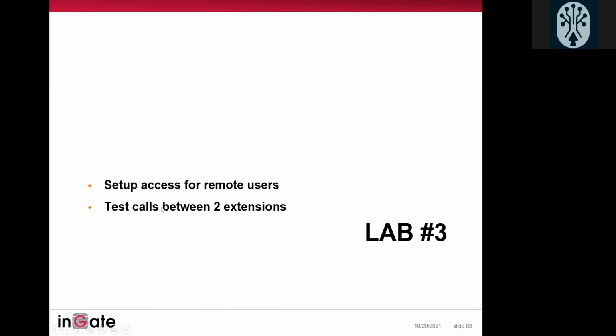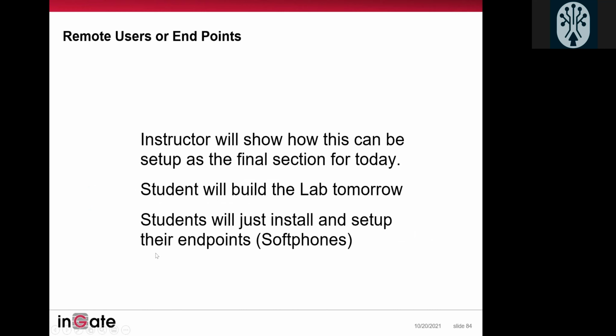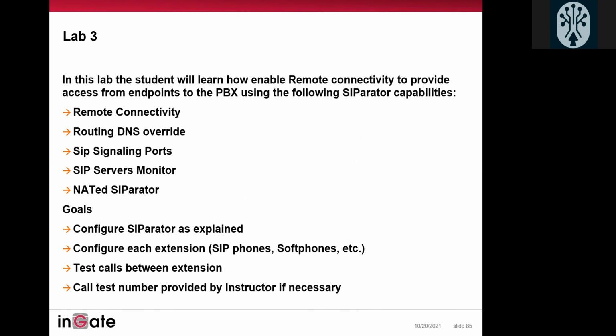Okay, let's start now setting up the remote users. Here we are going to learn about remote connectivity, routing, DNS override, which is a feature that you need for remote users, SIP signal ports, SIP server monitoring, and NAT SIParator.